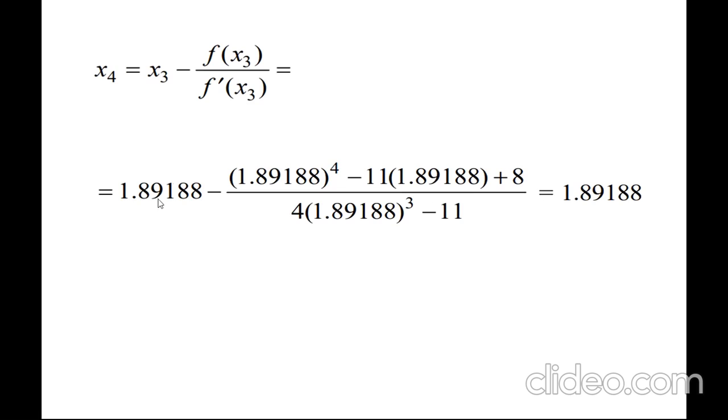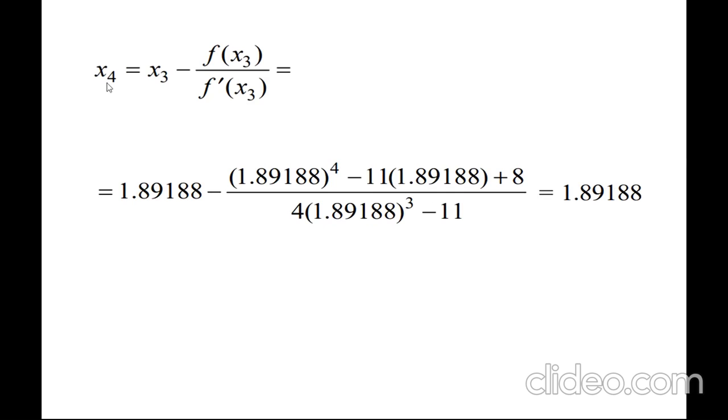If you replace the value of x3 as 1.89188 minus (1.89188 raised to 4 minus 11 into 1.89188 plus 8) upon (4 into 1.89188 cube minus 11), which gives us the answer as 1.89188, which is similar to the x3.